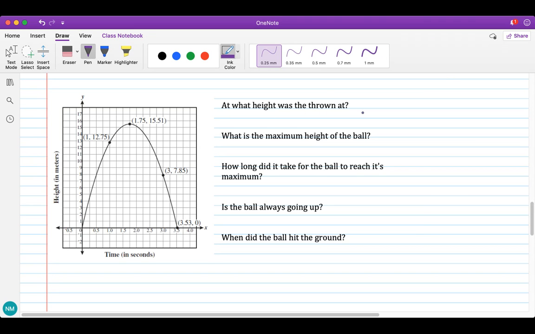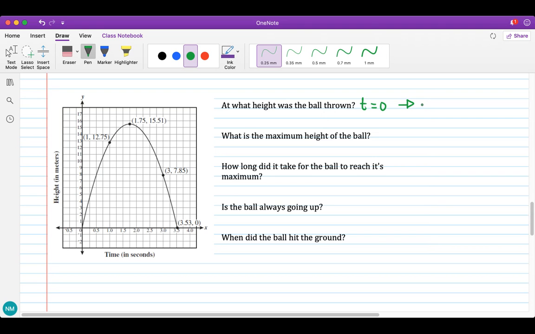At what height was the ball thrown? That is not English, Miss Masood. At what height was the ball thrown? Okay, so we got to look at, again, this is asking before anything started. At what height was it thrown? Meaning before time began. So t equals 0.